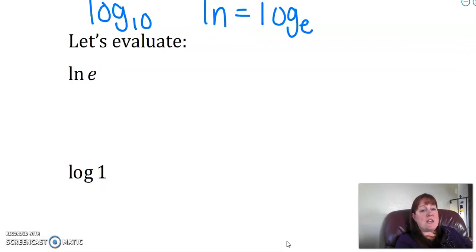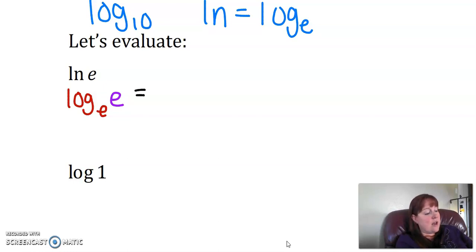So ln of e. Remember, the answer to a log is the exponent, and it says, what exponent do I need on the base to get the argument? Well, what's the base of ln? It's really the same, and you don't have to rewrite it this way. In fact, I suggest that you probably don't. But think about it in your head that log base e is the same as ln.